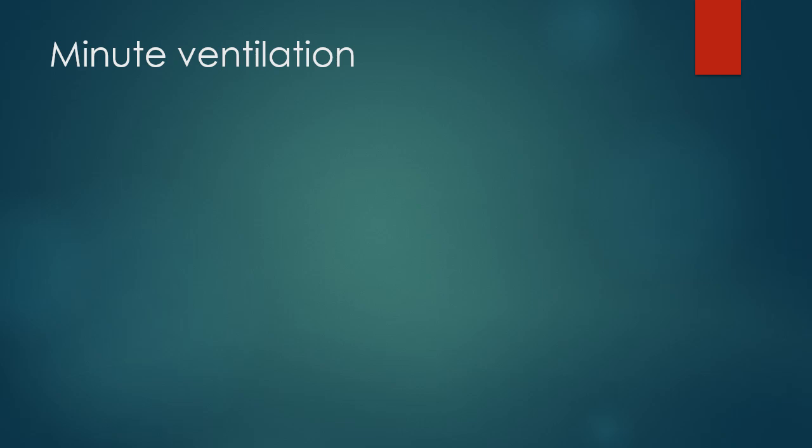In our previous two slides, we talked about how to get a tidal volume and what a good starting respiratory rate is. And that's going to help bring things together when we talk about minute ventilation. Now, your minute ventilation is the volume of air you're moving per minute. Most adults, between 4 to 8 liters a minute is normal minute ventilation. Minute ventilation is your respiratory rate times your tidal volume.